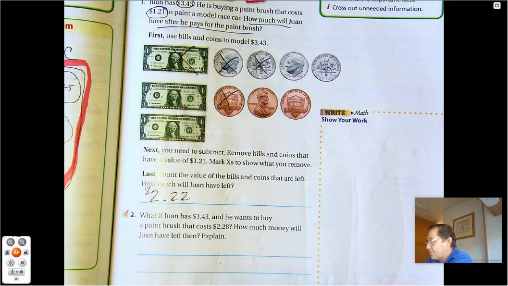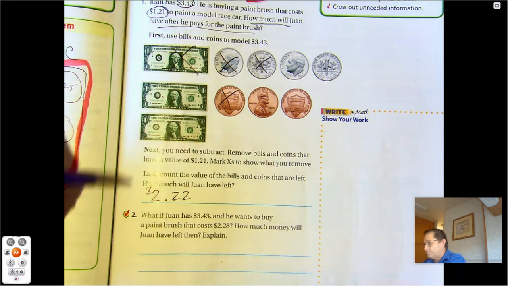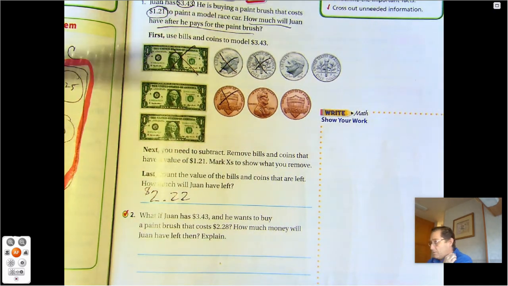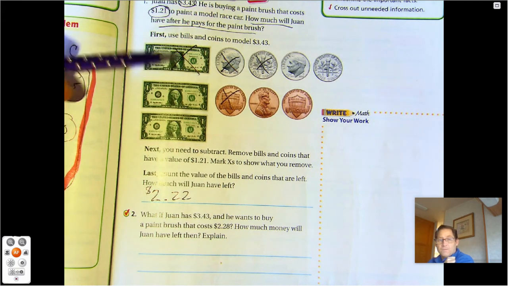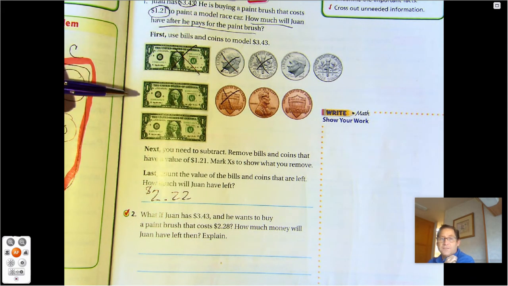What if Juan has $3.43 and he wants to buy a paintbrush that costs $2.28? How much money will Juan have left then? All right, so our drawing would still be the same, and we need to take away $2.28.